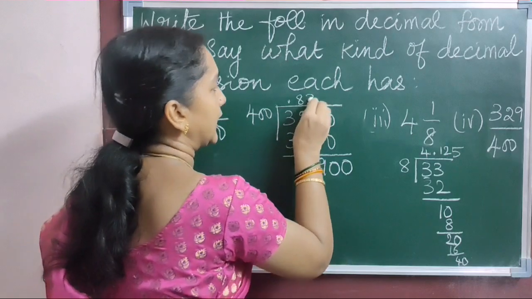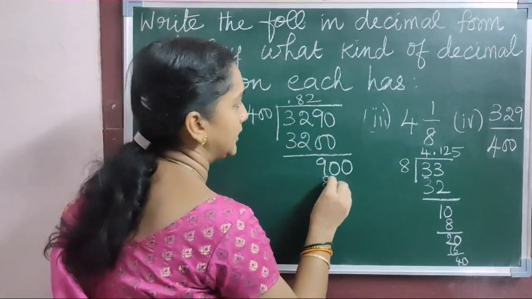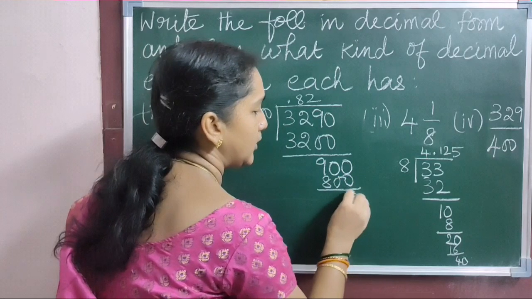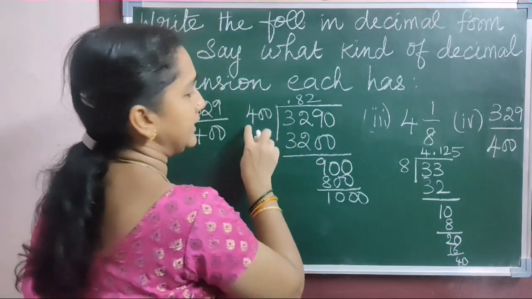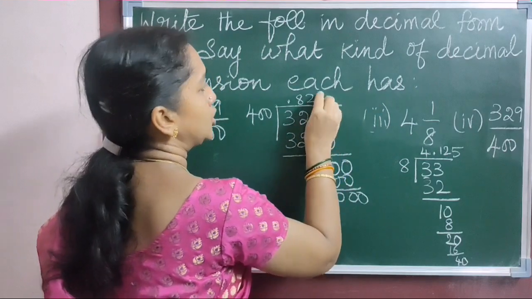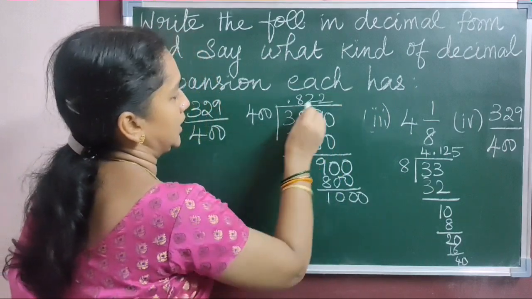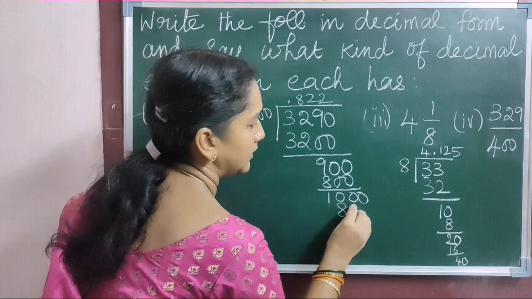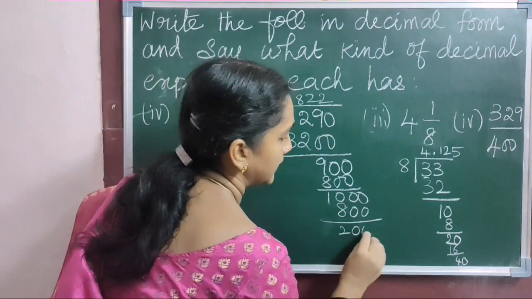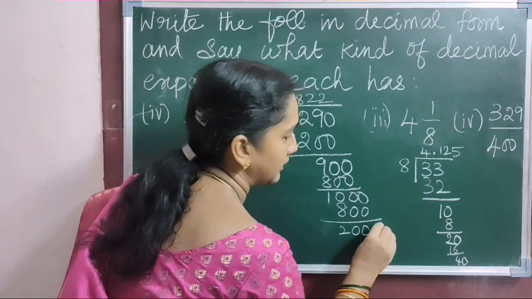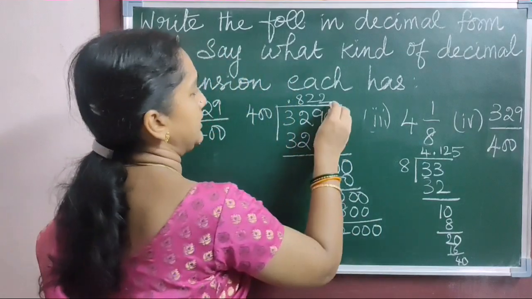So then 2 times 800. Again you add a 0. Then again 2 times 800. Remainder is 200. Again you add a 0 here. 2000.